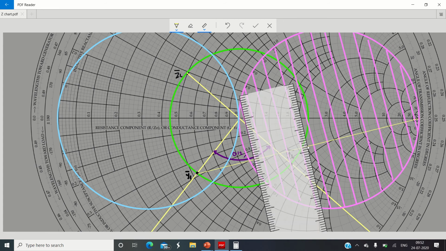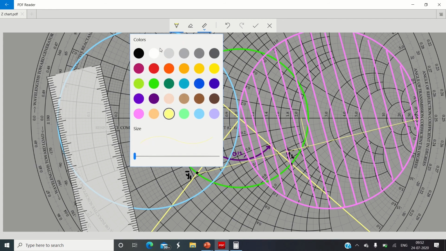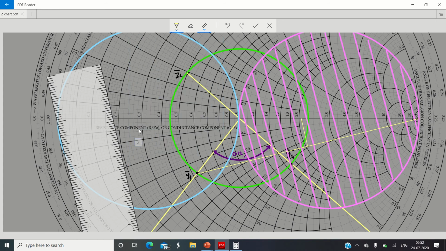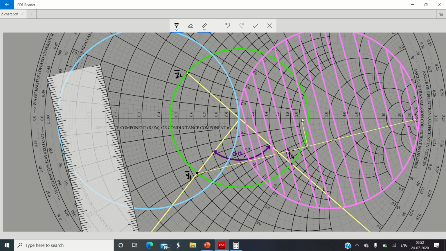This is that line. It will intersect over here, right? Wherever this perpendicular bisector intersects the real axis, there I get the position of the center of my conductance circle, which I want to draw now. So here is the center.